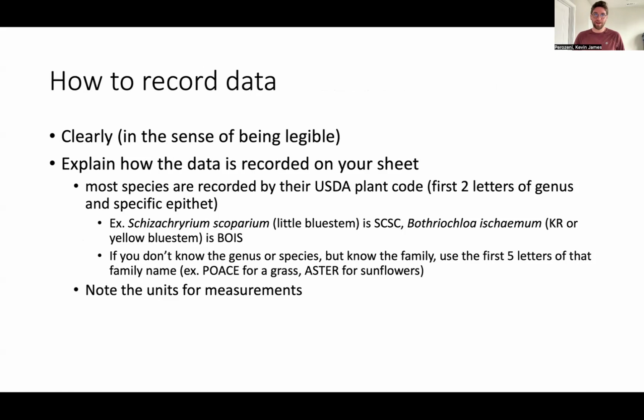So how are we recording data? One of the best ones, clearly: you want to make sure that it's legible. I've met a lot of people, great people, with great handwriting, and I've met people with not as great handwriting. If you're in a group and you have someone who's a better handwriter, let them write it down.